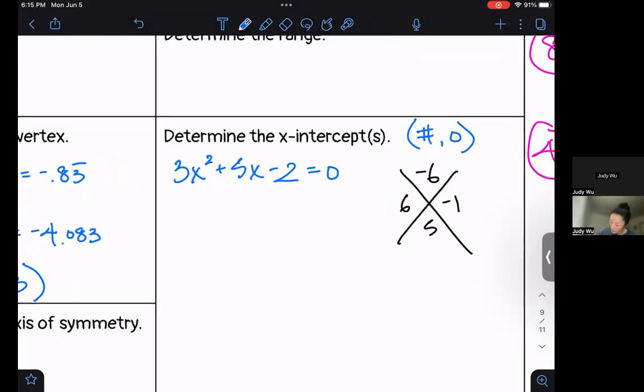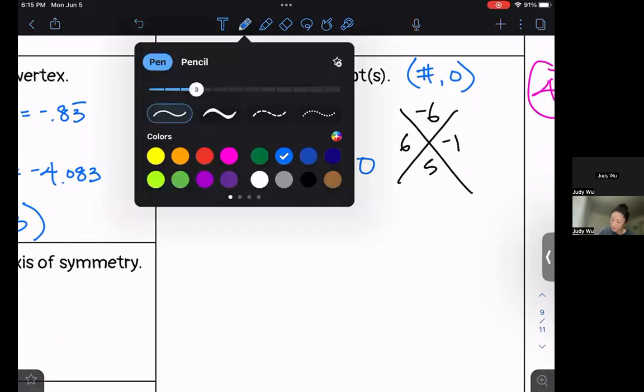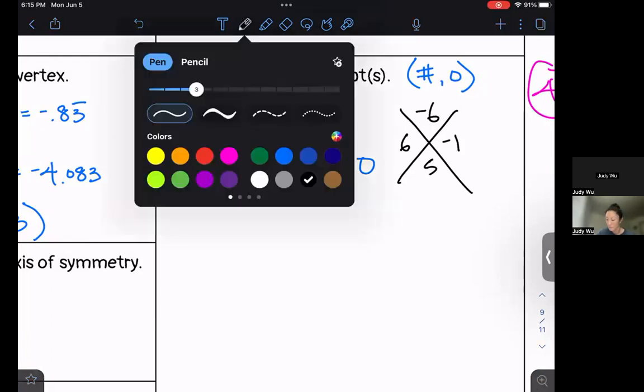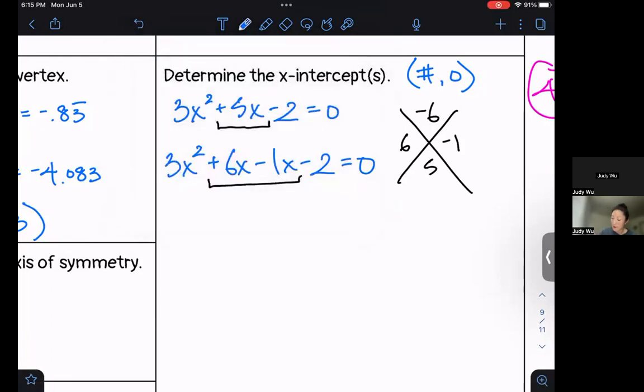So let's see what we get there. 3x squared plus 6x minus 1x minus 2 equals 0, okay? And so again, I've taken this 5x and split it into these two terms. Now I'm going to factor by grouping, all right?